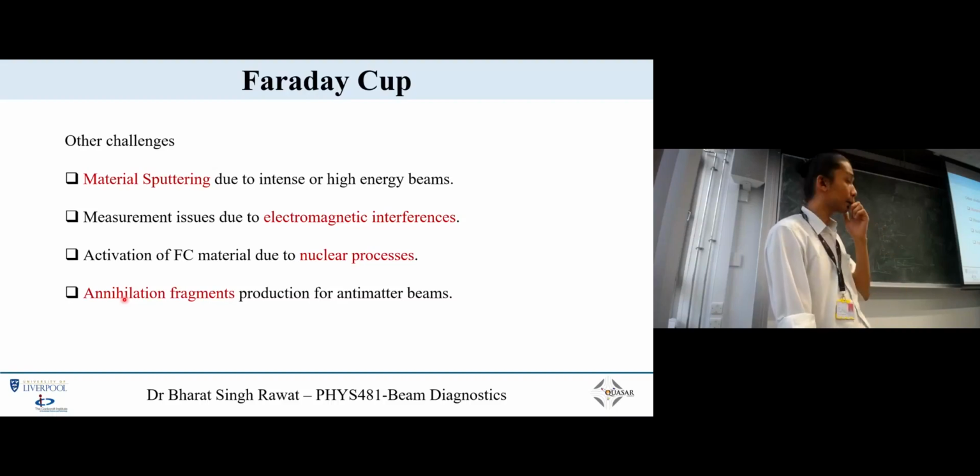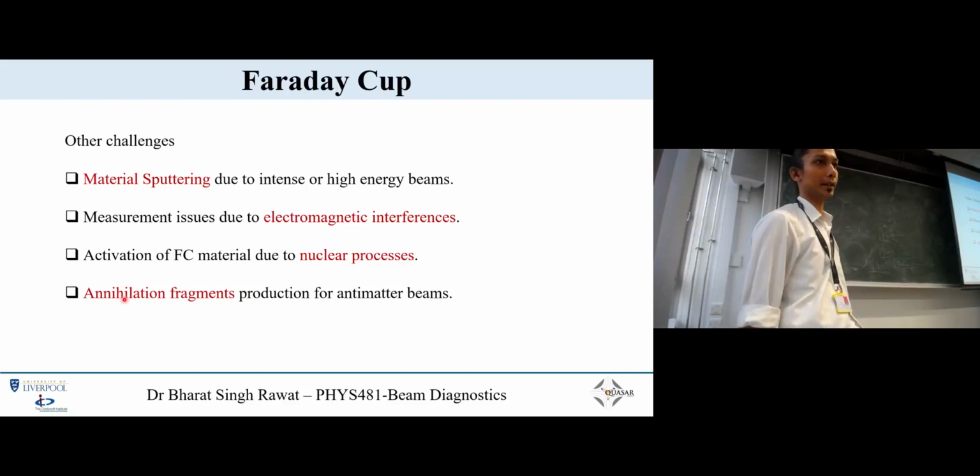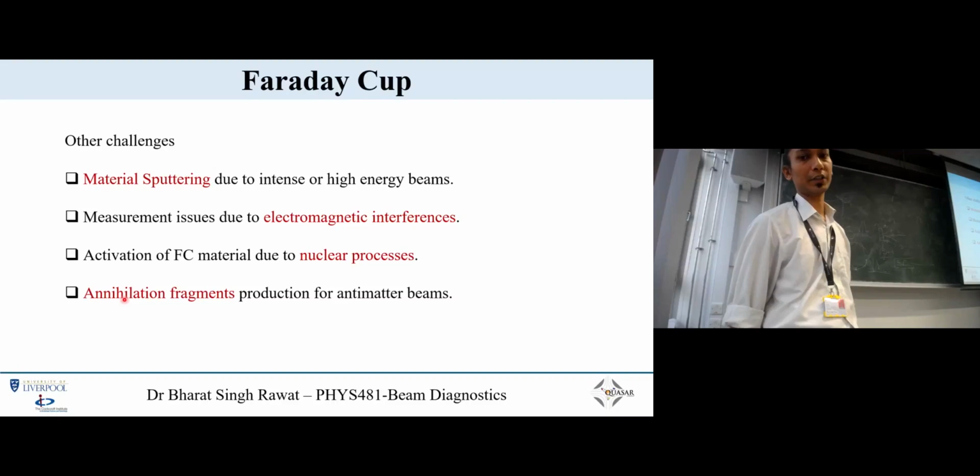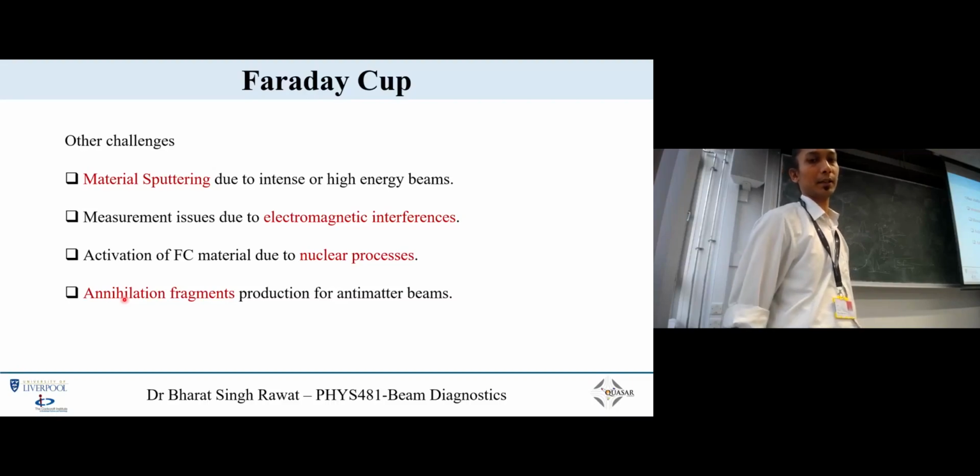Then electromagnetic interferences. For accelerators which operate in, let's say, RF regimes, you always have electromagnetic waves traveling to and fro. And if your measurement device is not properly isolated using different kinds of shielding mechanism, then you'll have these kinds of issues.